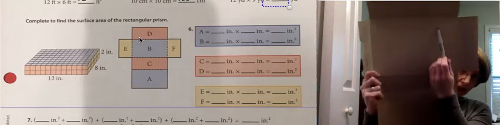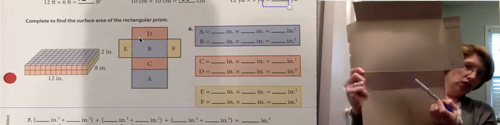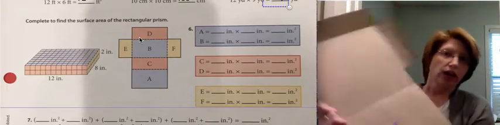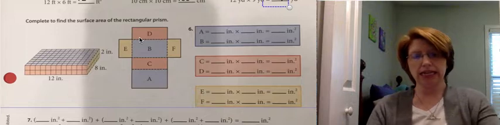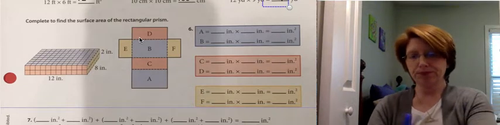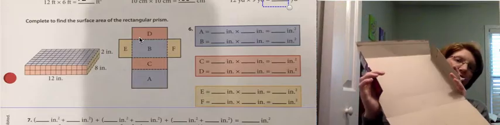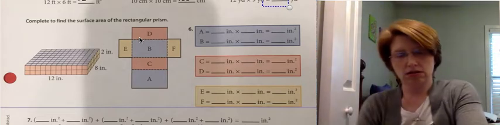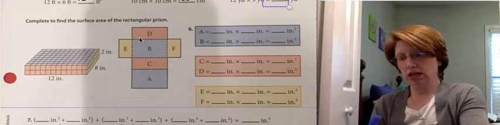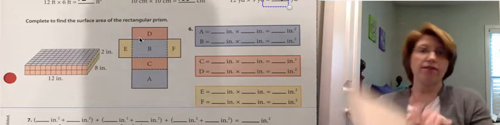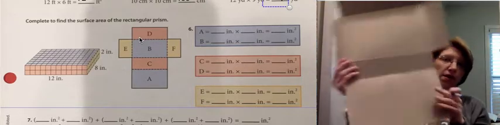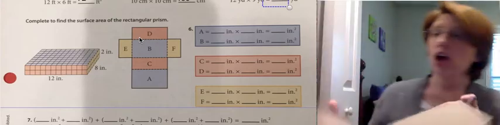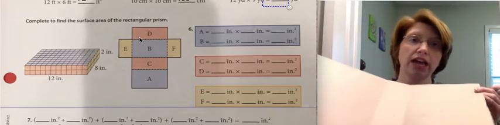This one and this one, these are the sides, aren't they? So here and here. And on your diagram, that is labeled C and D. And then these little ones on the side, this is the height. This is the top and bottom of my box. And so that is going to be E and F.